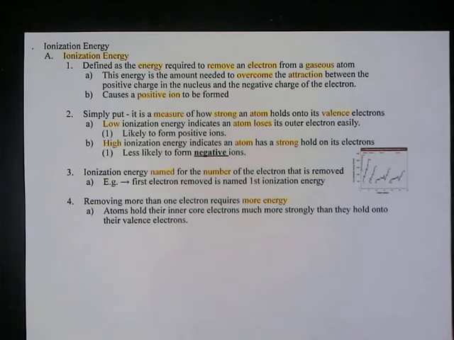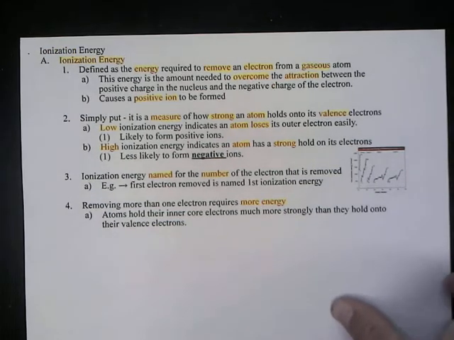That's all that means. Once we start removing more and more electrons, it's going to become harder to remove those electrons, requiring more energy, because we're getting closer and closer to the nucleus. So there's a stronger hold on those particular electrons. Okay, so now let's go through the trends.